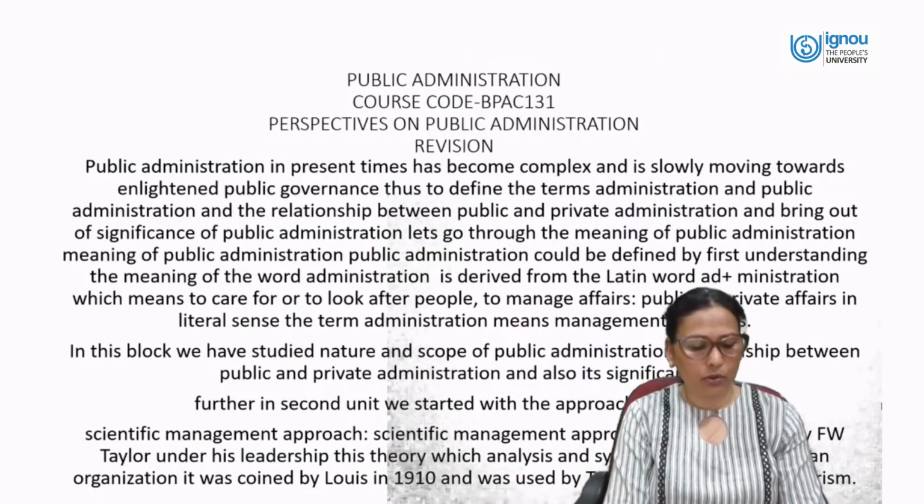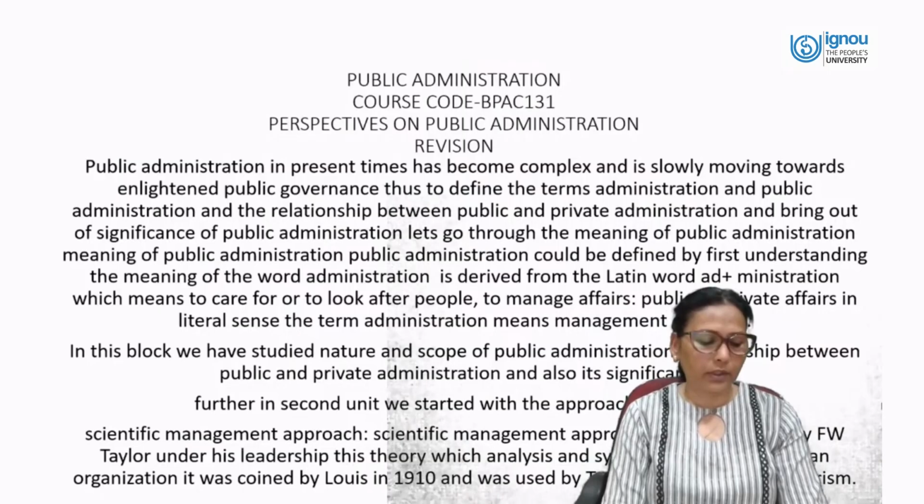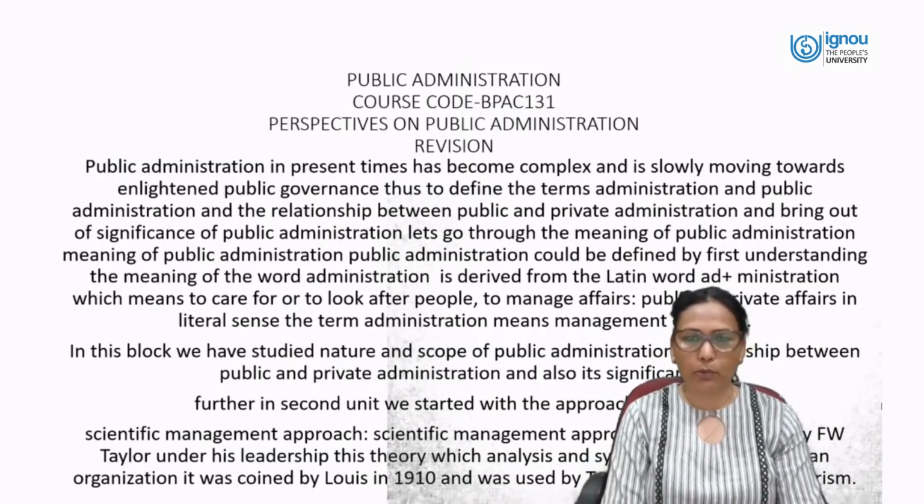In the second block, we studied the human relation approach, decision making approach, and system approach. In block 3, the public policy approach, political science approach, and social psychological approach.